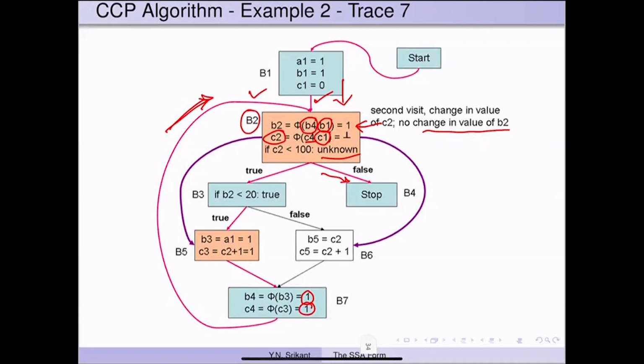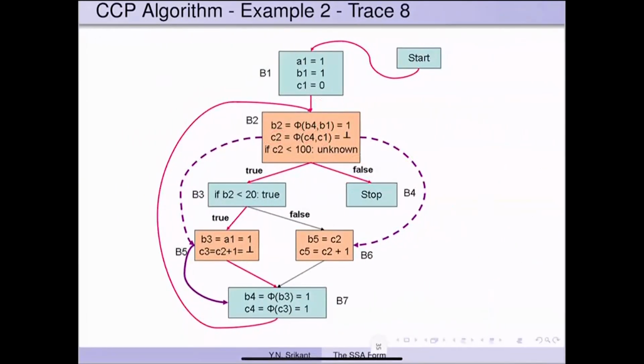And now something different happens. Because this block changes certain values, those values are actually transmitted using the SSA edge. So we can now directly visit the block B5 a second time.